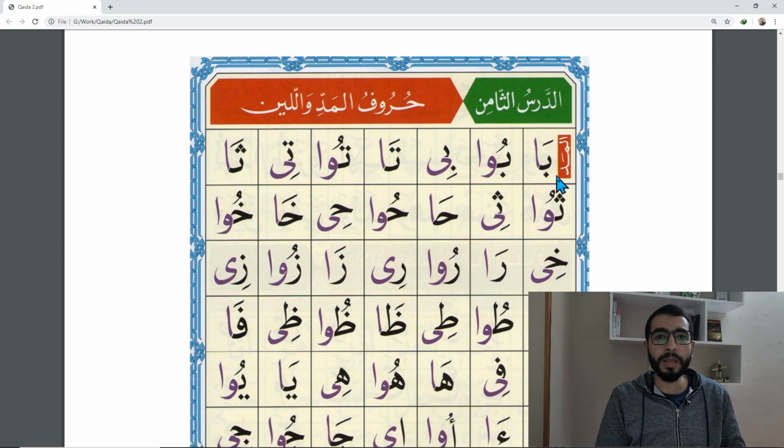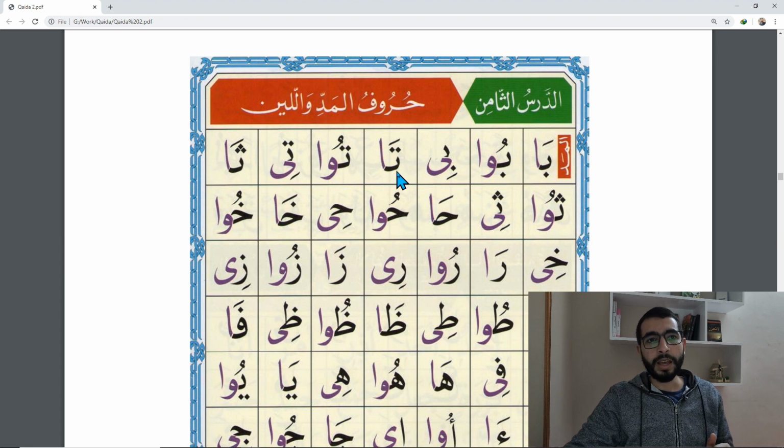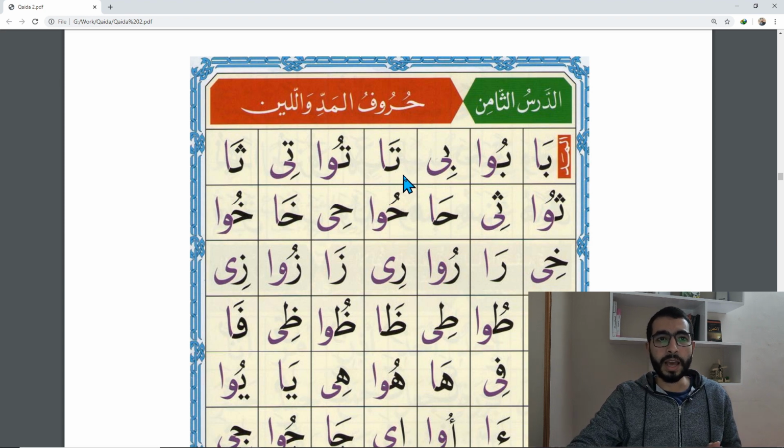Again, if there is Ta Fatha and after it Alif sukun, if there is only Ta Fatha you say Ta, but because there is Alif sukun after Ta Fatha, you have to stretch it. Give it double the time of the normal haraka.